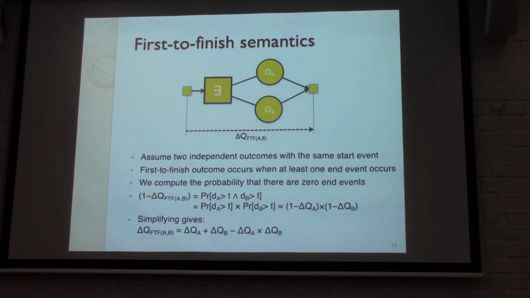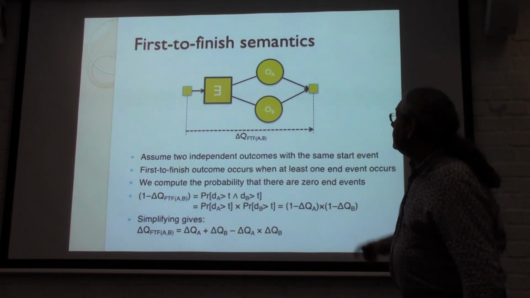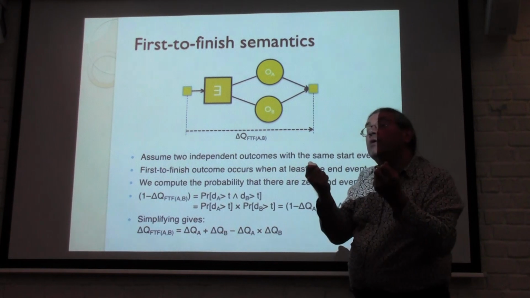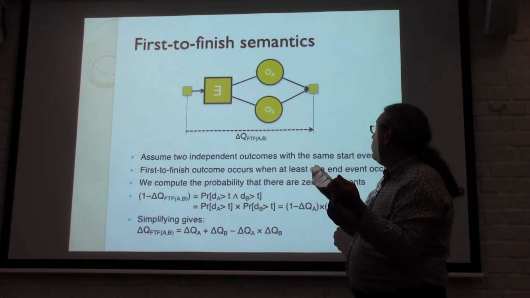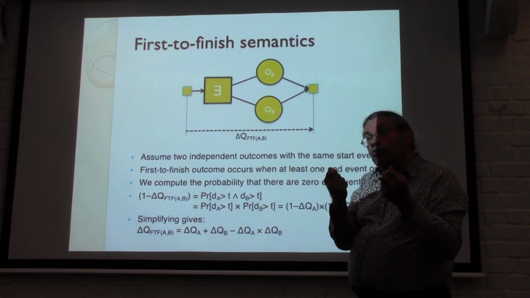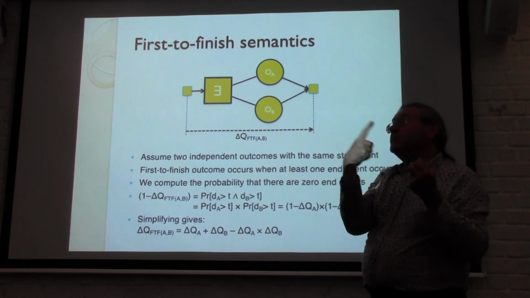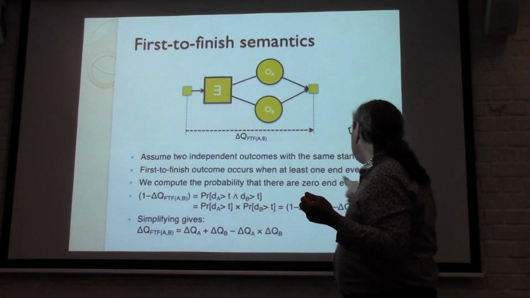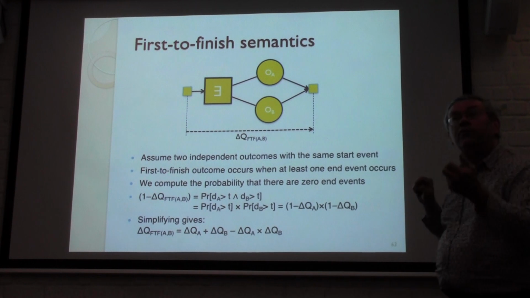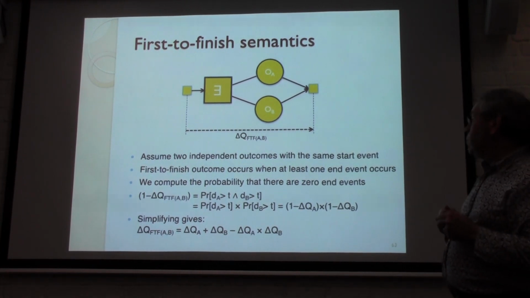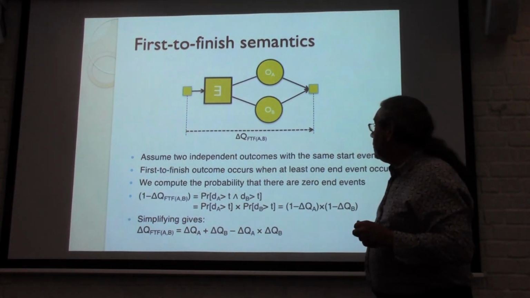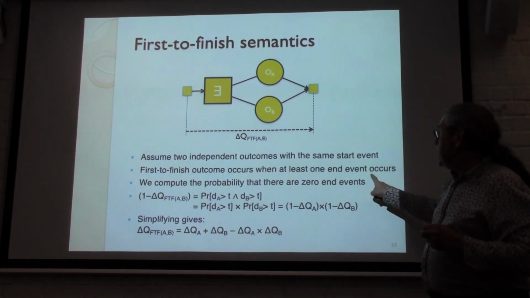And the final one, which is a really neat one, is first to finish. So again, you have two outcomes, and you're waiting for both, but you're done when one of them arrives, the first one. At least one end event occurs. So how do you compute the delta Q of this? Well, there's a very neat trick.